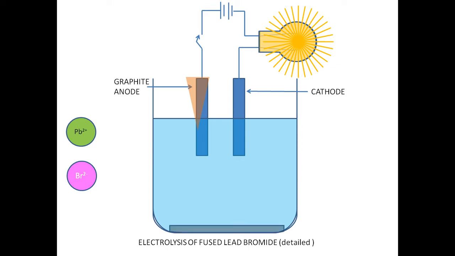Using this example, we will see how selective discharge of ions takes place when there are two or more than two cations and two or more than two anions.